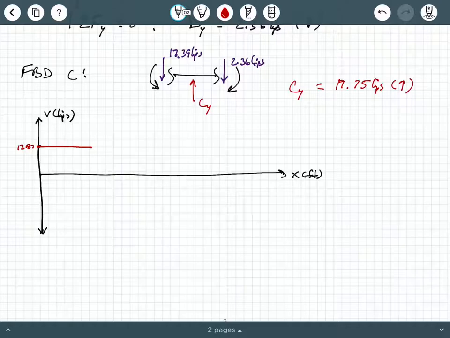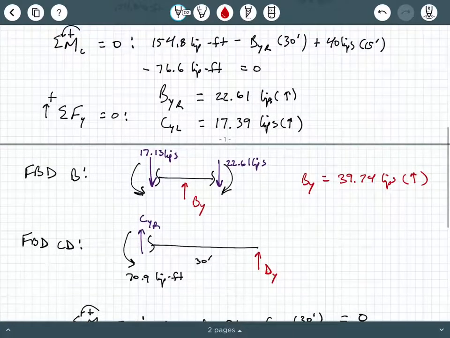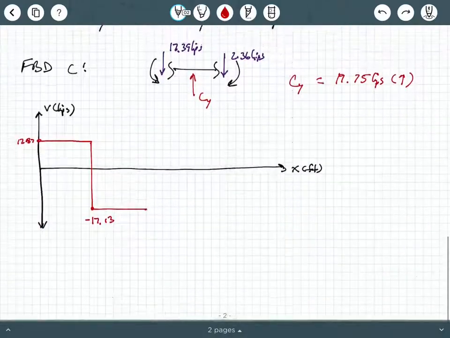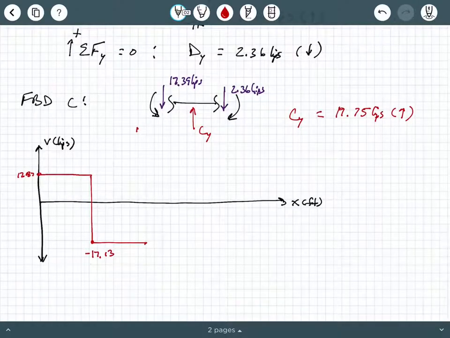And then if you do 12.87 minus 30 kips, you get down to negative 17.13, and then a whole lot of nothing for another 15 feet, and then you hit BY. So we got a BY of 39.74 kips. So that's going to add 39.74 kips. That's going to shoot us up to a positive.